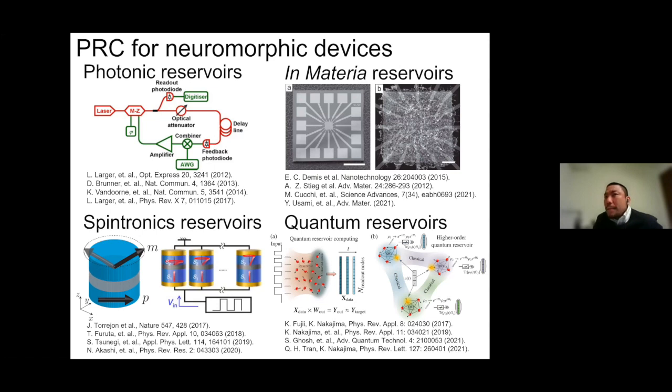There are lots of types, like using carbon nanotubes or atomic switch networks. You can implement a very low energy, low cost chip, using these natural complex dynamics to implement low cost computation.